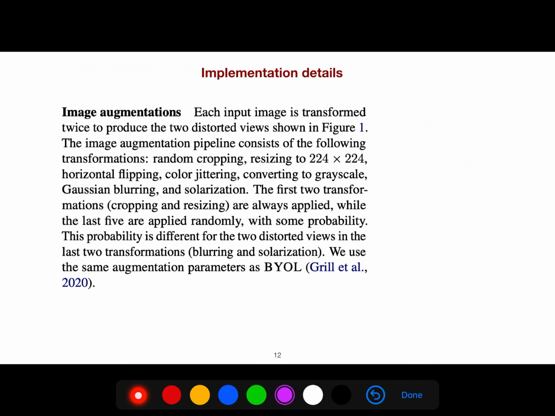It's very simple. For image augmentations, each input is transformed twice to produce the two distorted views. It consists of random cropping, horizontal flipping, and color jittering.